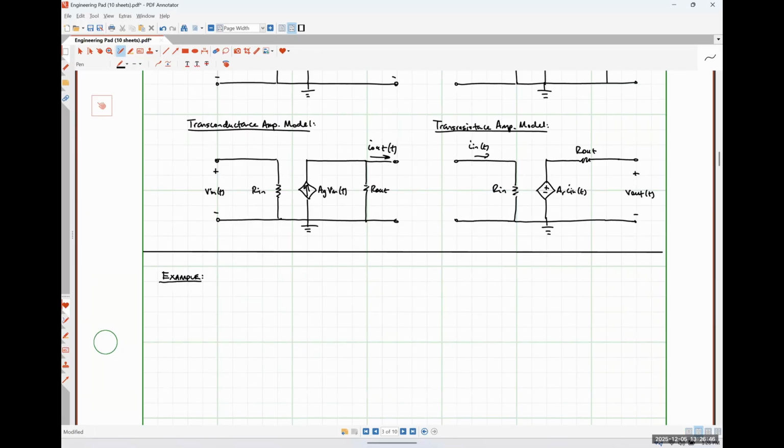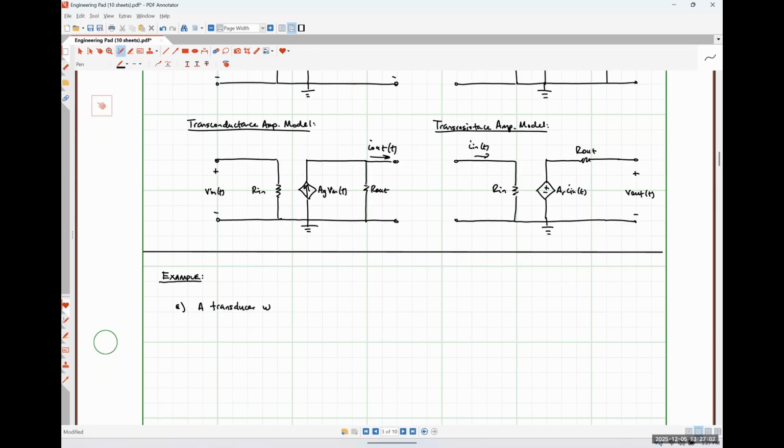So in part A, let's say that we have a transducer. That's just something that's capable of generating an electrical signal.